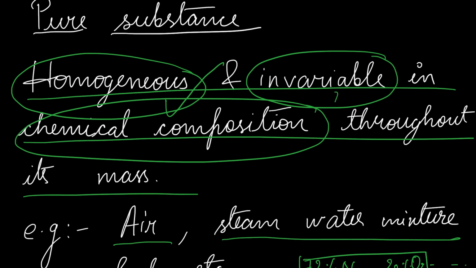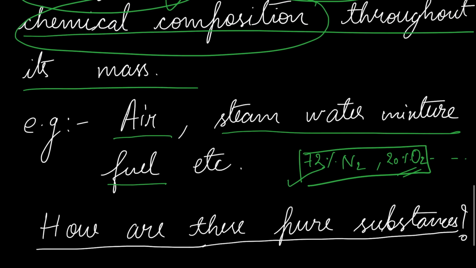So if I take air from California, and if I take air from Delhi, or if I take air from Berlin, or if I take air from Shanghai and do an analysis on it, I will find all the air of same mass has the same composition: 72% nitrogen, 20% oxygen, or whatever is the right number. But this is what the gist of the matter is. Similarly goes for steam water mixture and fuel. The composition should remain the same. So that's what a pure substance is.